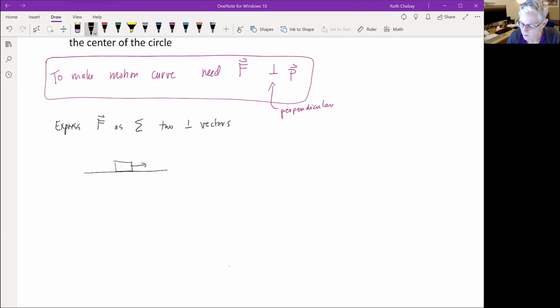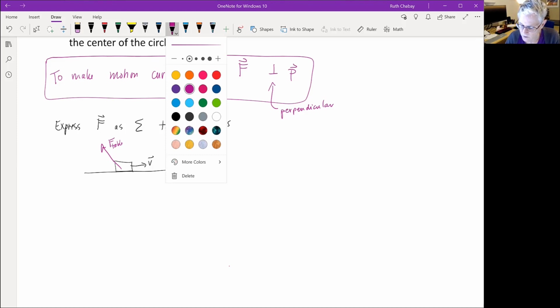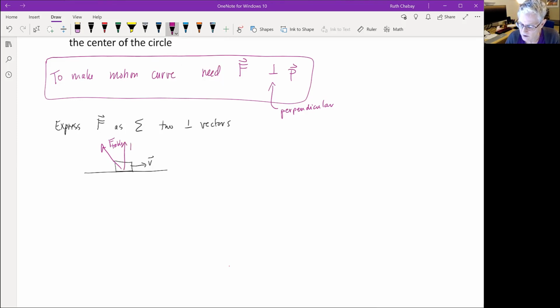And if the block is moving that way, then the table exerts a force that way, but it was convenient for us to express it as two different forces, the sum of a force that way, which we called a normal force, and a force opposite to the pulling force, which we called a friction force. So F table was the normal force plus the friction force.